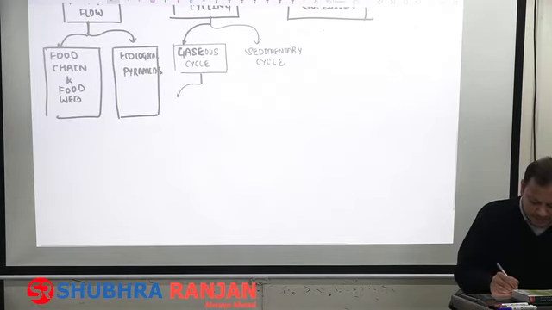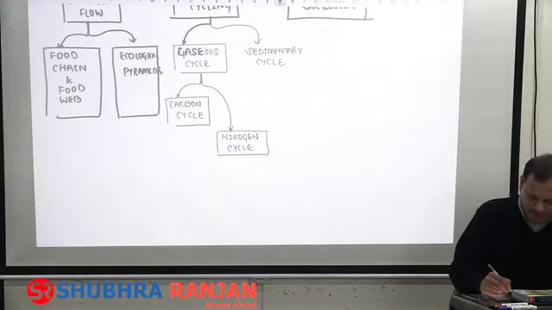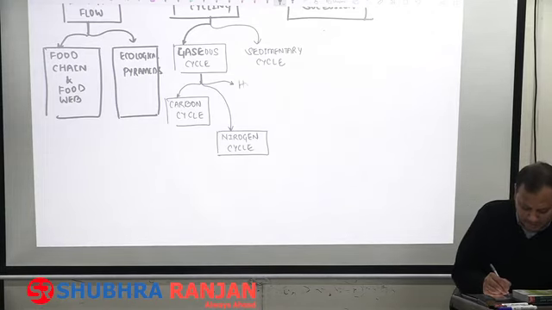And this gaseous cycle is divided into the carbon cycle. So last year's methane question can be an example of the carbon cycle. Then the nitrogen cycle, the oxygen cycle also, but that is not important, and the hydrological cycle.